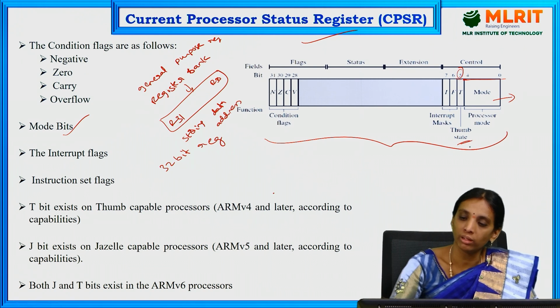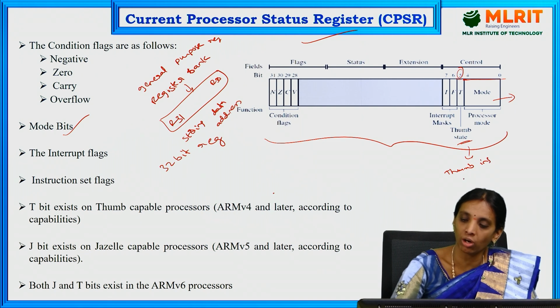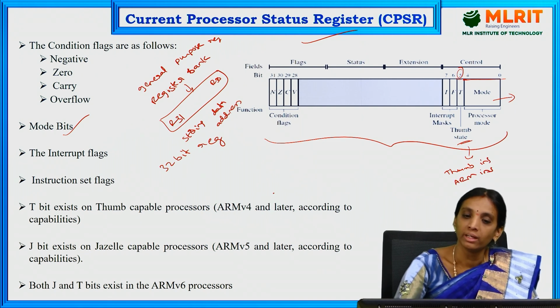That means whether we are using the instruction set from the thumb instructions or the ARM instruction set, that is, whether the currently executing instruction is 16-bit or 32-bit.